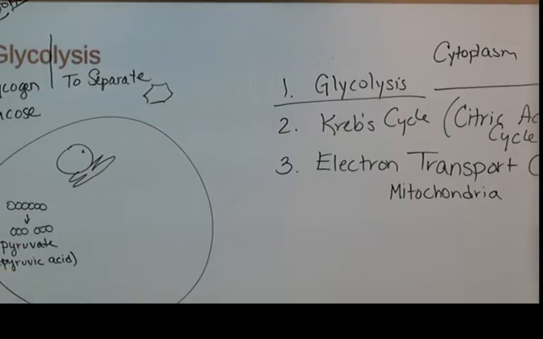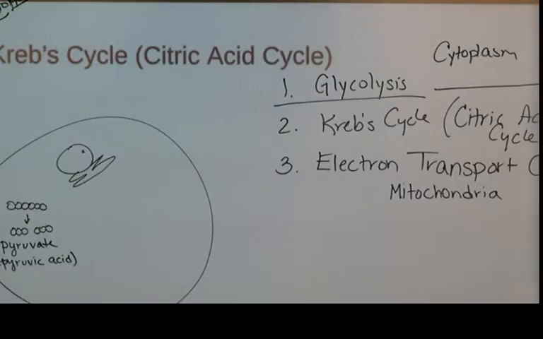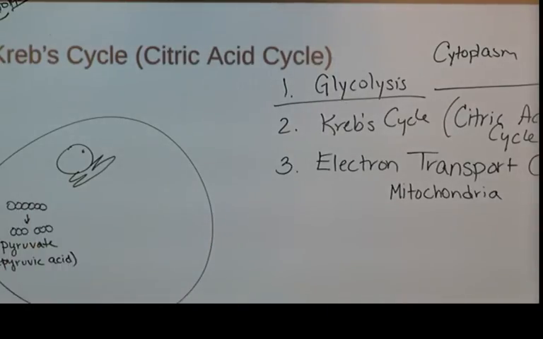Okay, now from that we can take these other molecules and go into the second step, which is the Krebs cycle or the citric acid cycle. It's called the citric acid cycle because these pyruvic acid molecules are combined together to go back into a good way to then be broken down again. It's about releasing energy and releasing carbon dioxide and all this jazz.